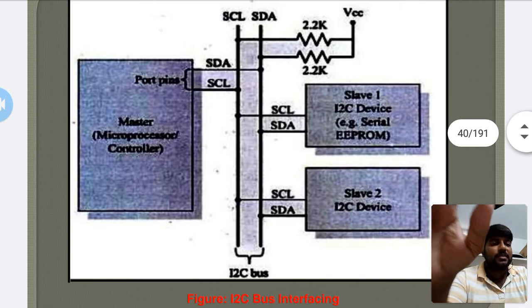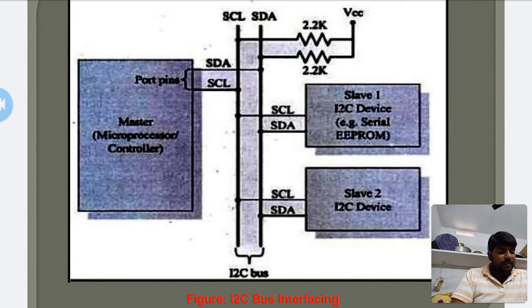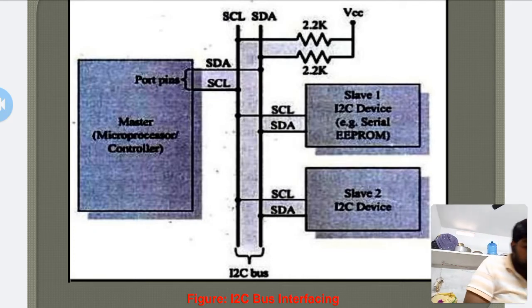Looking at the I2C bus model, the inter-integrated circuit is a synchronous, bidirectional, half-duplex, two-wire serial interface bus. This concept was developed by Philips Semiconductors in the early 1980s.